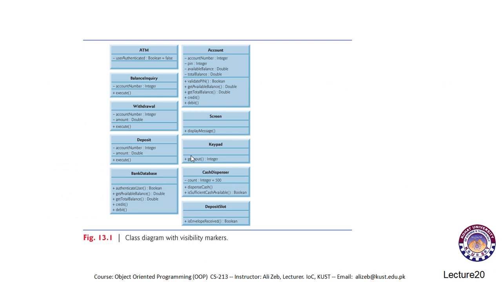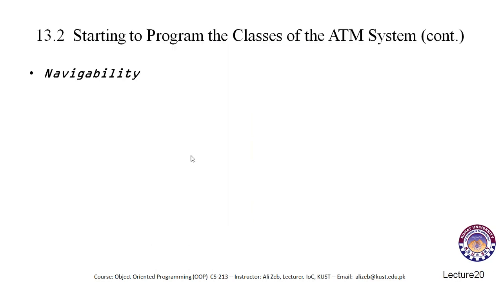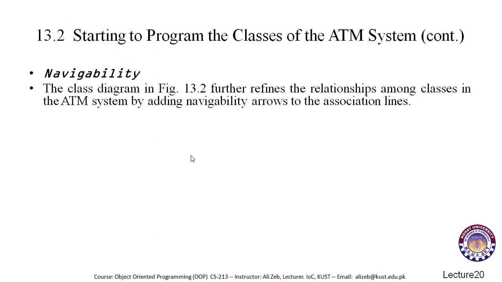This was the class diagram that we achieved without the relationships. So we have our classes and their variables and methods. Navigability shows us the flow or the relationships of our classes.